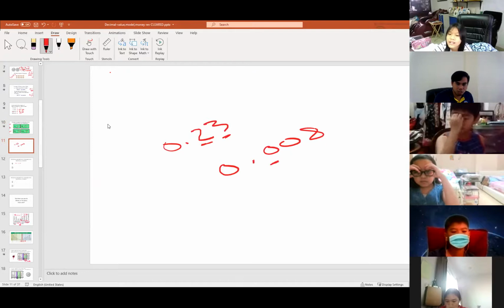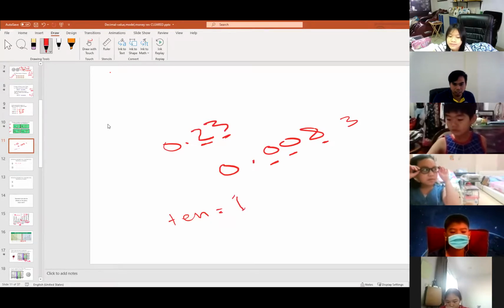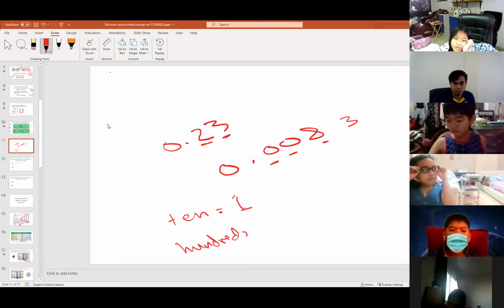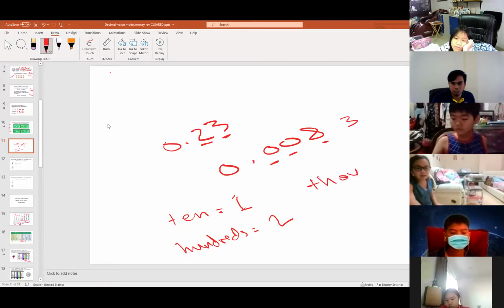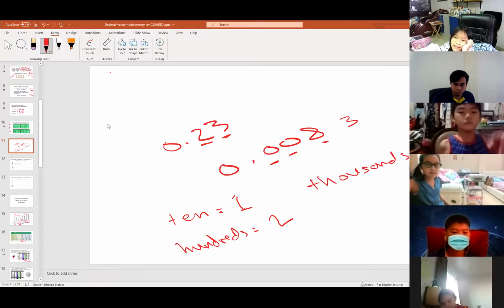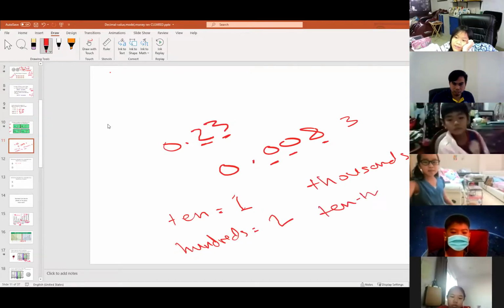Three, right? So tenths is only one decimal place. For hundredths, two decimal places. Thousandths, three decimal places. Ten-thousandths, four decimal places.